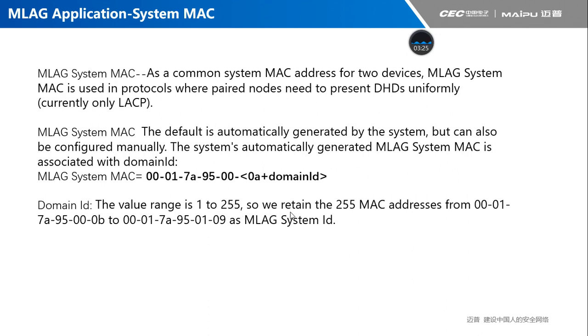So we return 255 MAC addresses from 0001789500B to 000178950109 as the MLAG system ID.